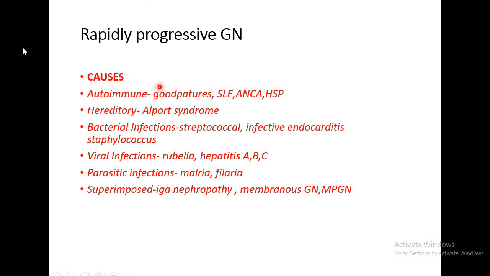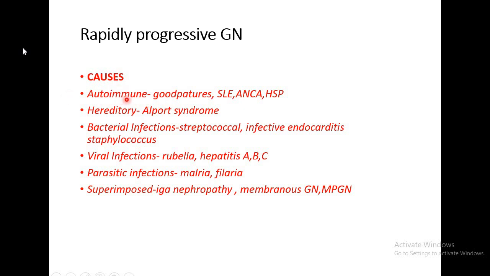So the causes of RPGN would be, as I told you earlier, it is not a separate disease in itself, but whatever the pre-existing primary glomerular diseases we had studied, that is IgA nephropathy, membranous glomerulonephritis or membranoproliferative glomerulonephritis, will end up in RPGN, where there is rapid reduction in GFR and there is crescent formation.